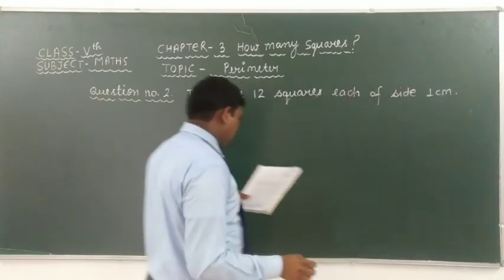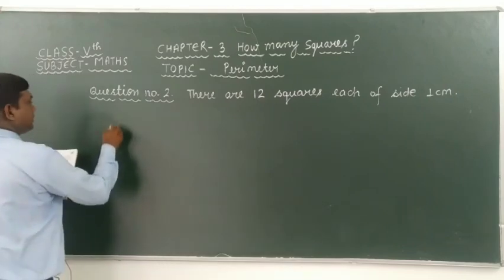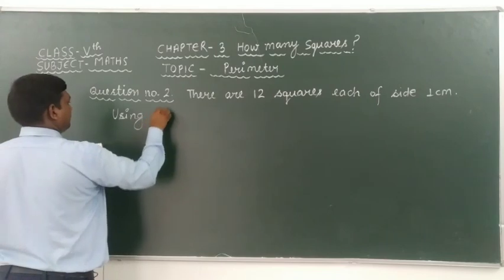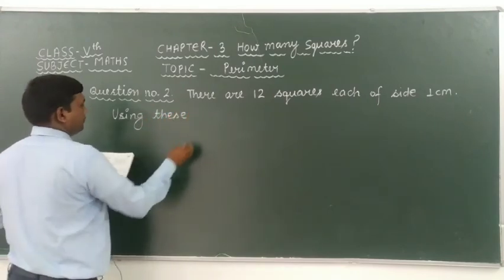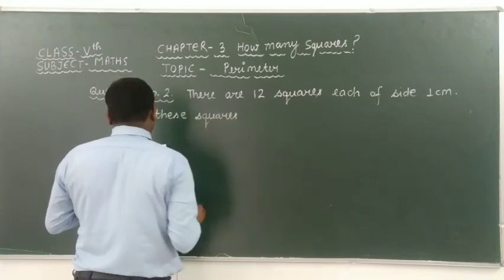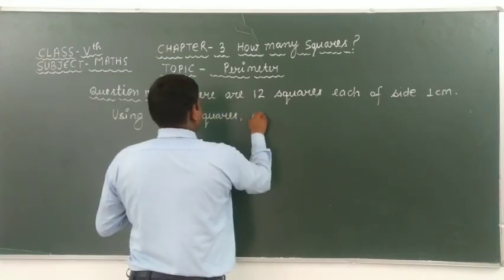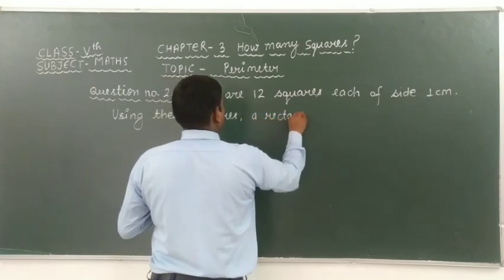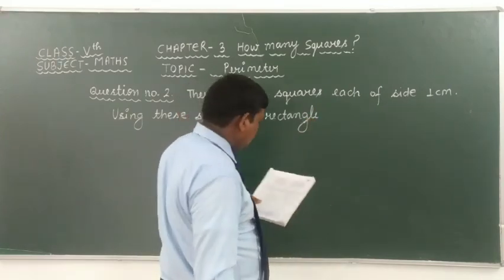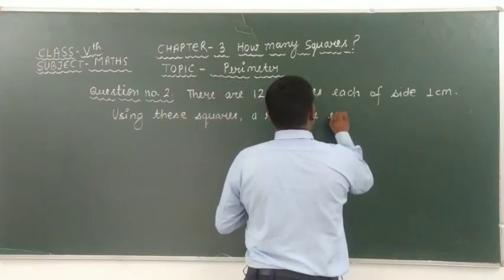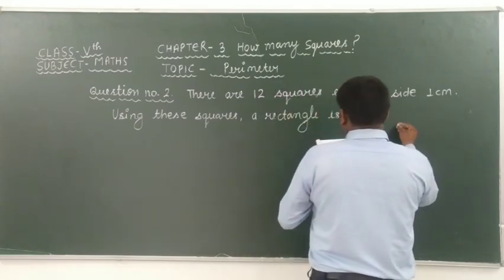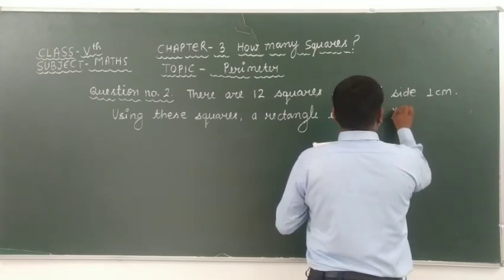Using these squares, a rectangle is made in two ways.